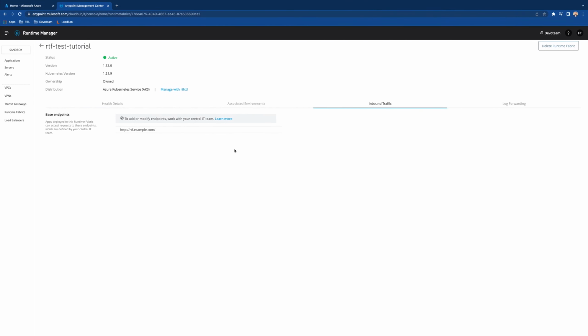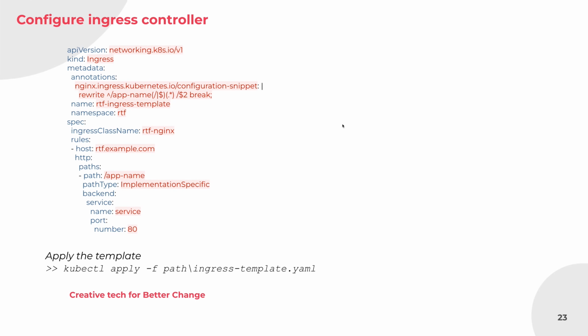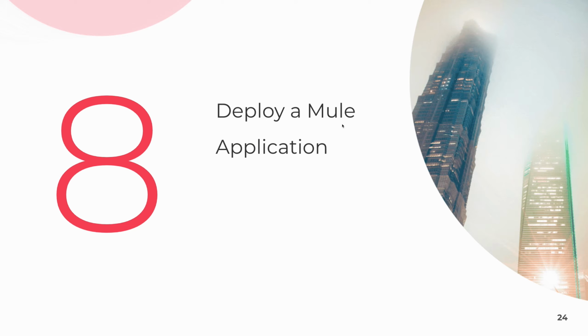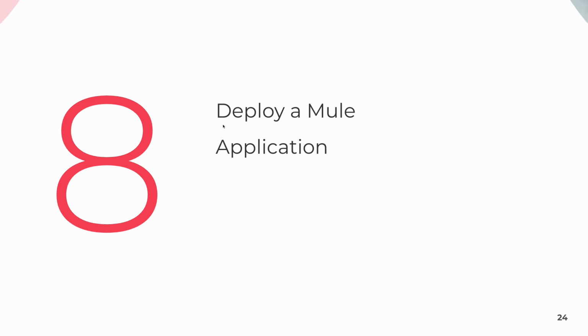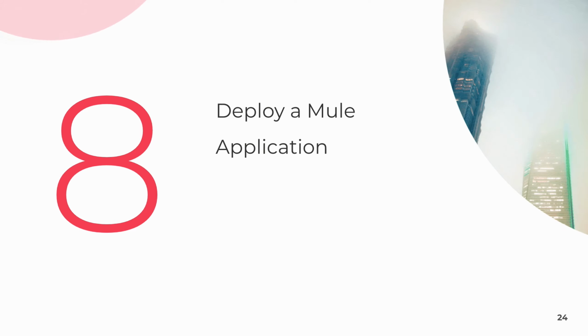Every time we deploy an application, this will be shown in the ingress part. We will be seeing it when deploying the application. So we will be using this domain as an endpoint. And the only thing left is deploying a Mule application.